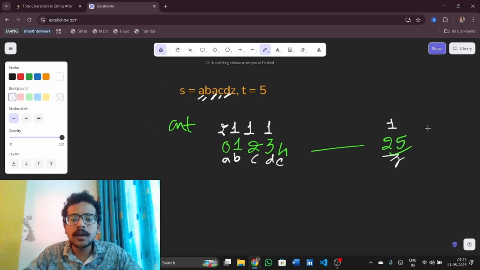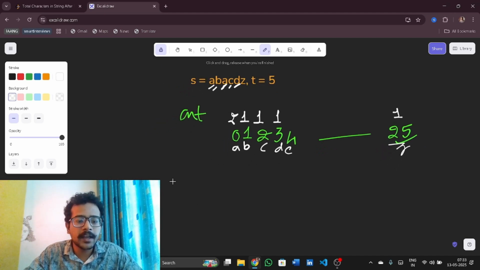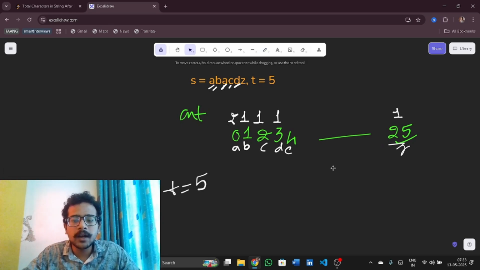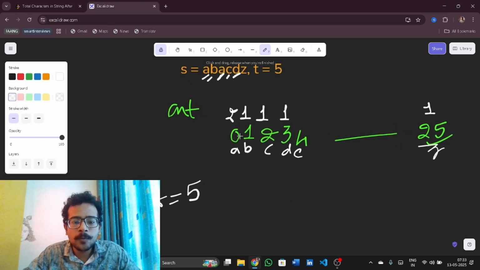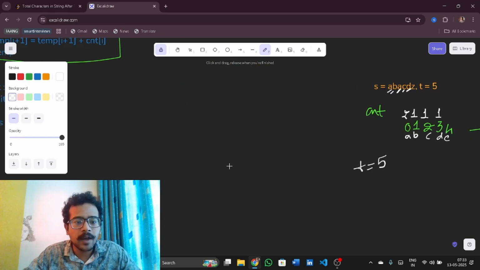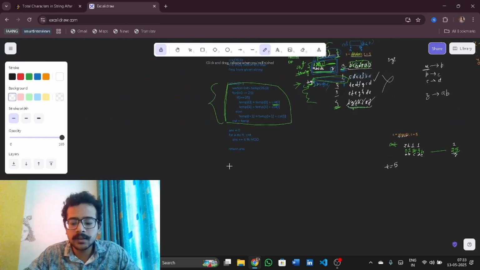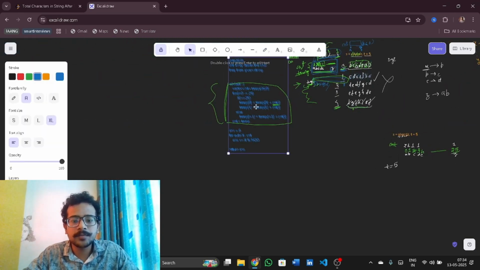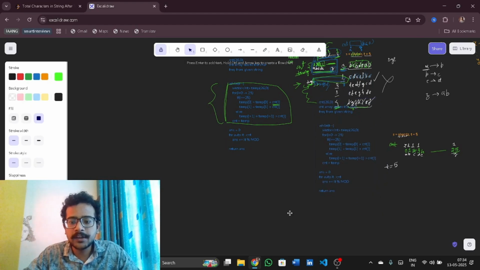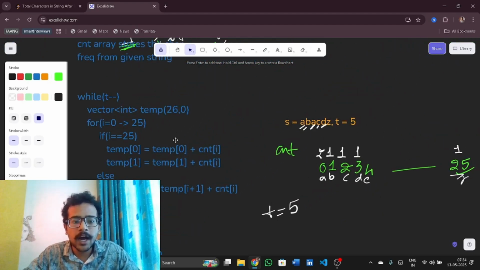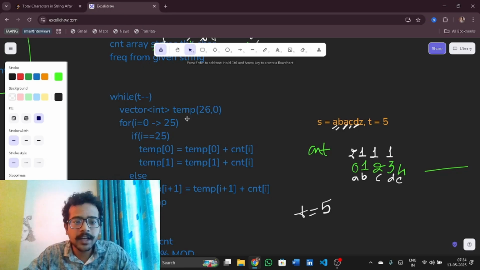Now, what I am doing is T is equal to 5. I am just starting with T is equal to 5. Now, let us look at this algorithm. I'm just iterating and initializing the temp array.